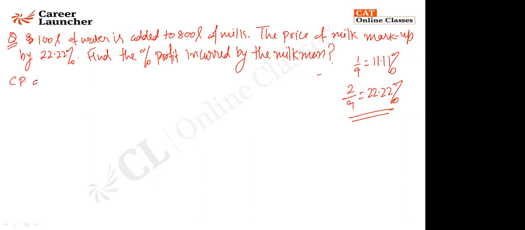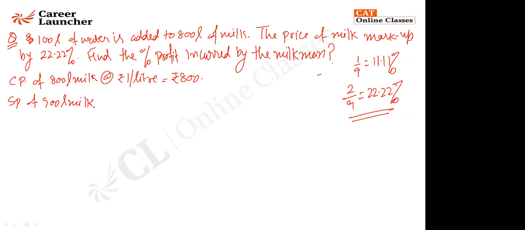So say the cost price of 800 liters of milk at the rate of ₹1 per liter will cost me ₹800. Now the selling price: I added 100 liters of water to this, so it becomes 900 liters of milk solution.